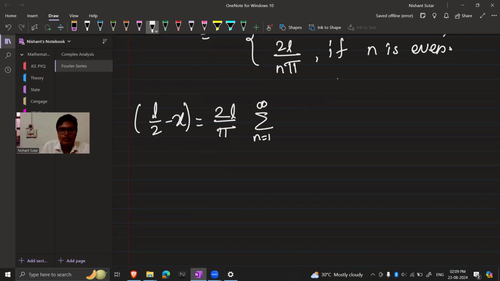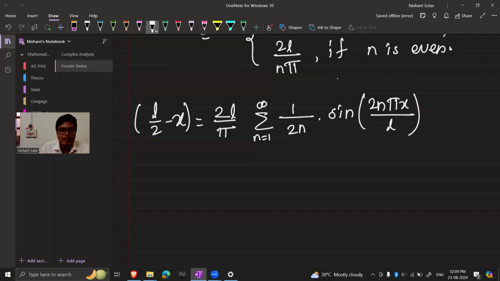We need only the even terms, so I will consider them as 1 upon 2n into sine of 2n pi x upon L. Here I am taking only the even terms, which is why this 2n is coming into the picture, and this 2 and this 2 will get cancelled.